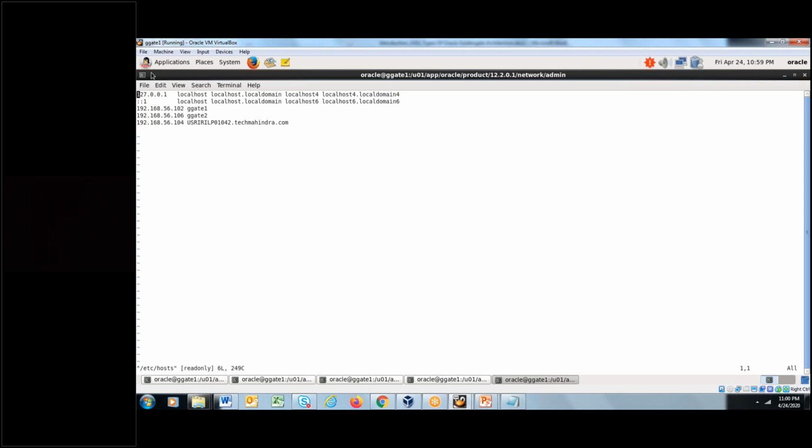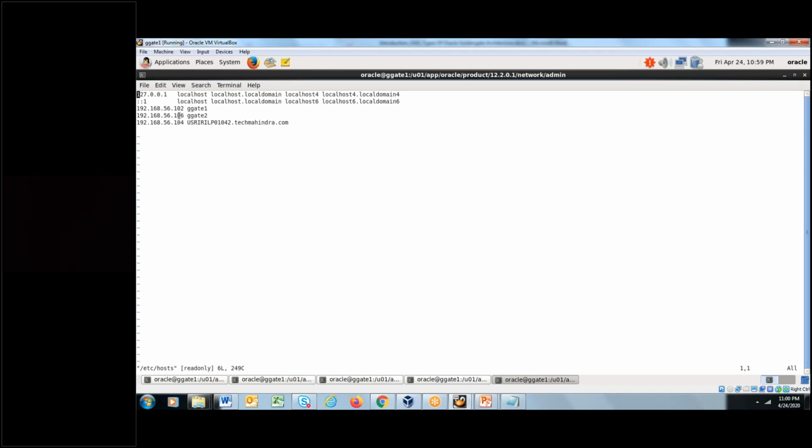Run ifconfig and get the IP address. Then modify your /etc/hosts file, which you can only modify as root.